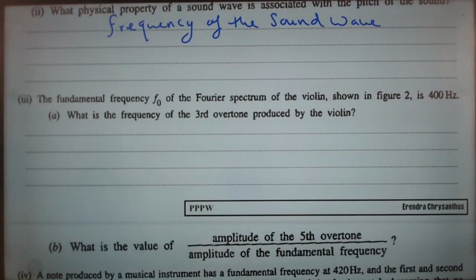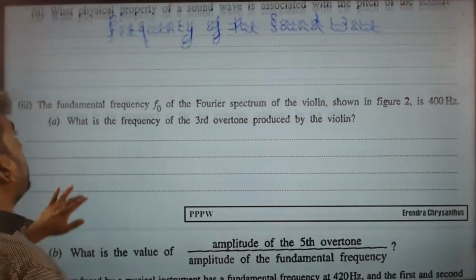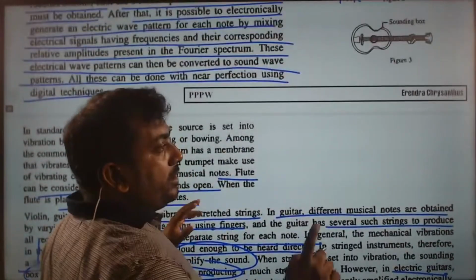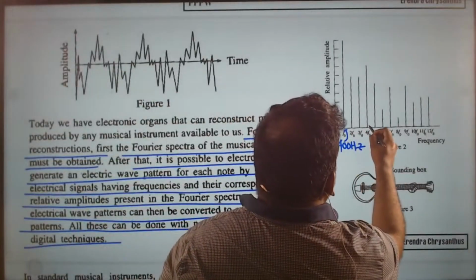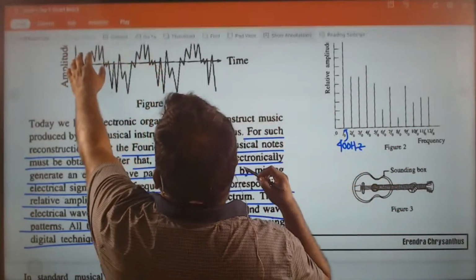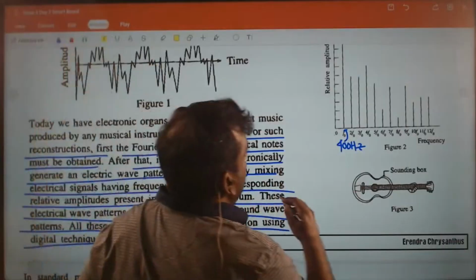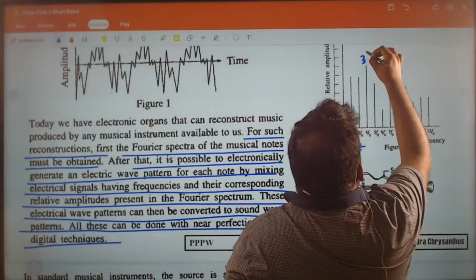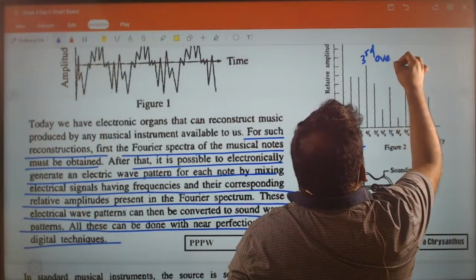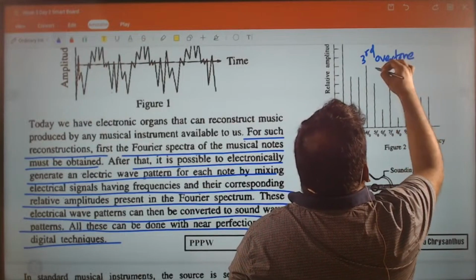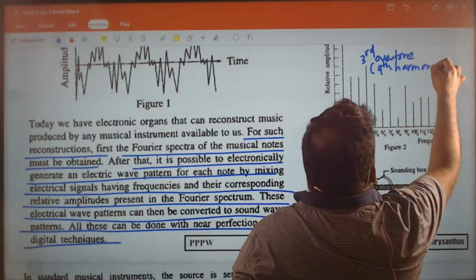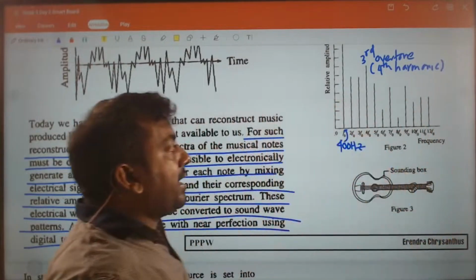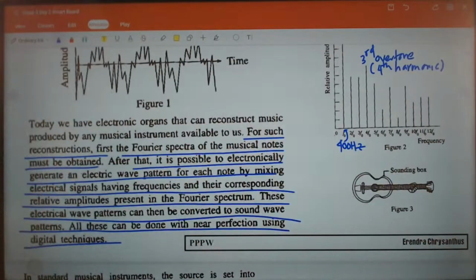What is the frequency of the third overtone produced by the violin? What do you mean by third overtone? Third overtone is the fourth harmonic. The fourth harmonic is 4 times the fundamental frequency. 400 times 4 is 1600 Hertz.